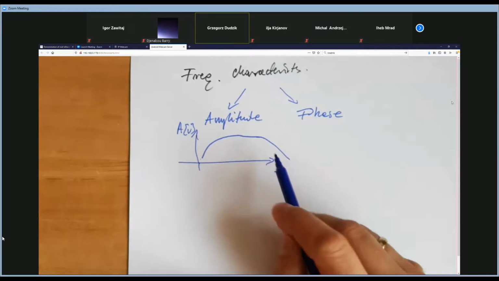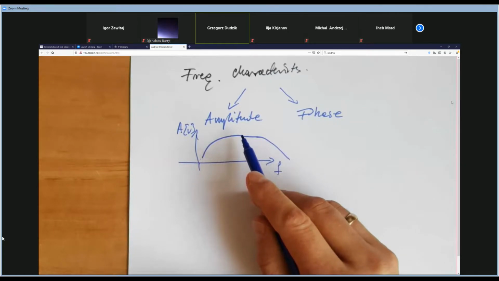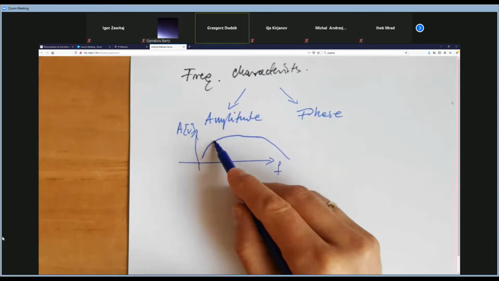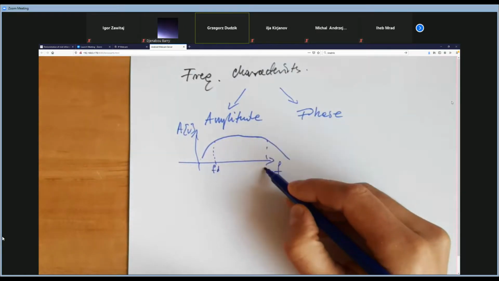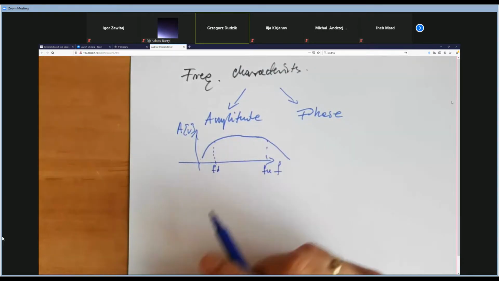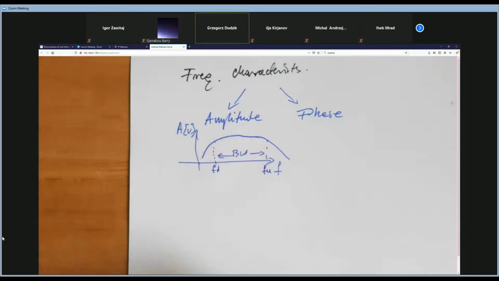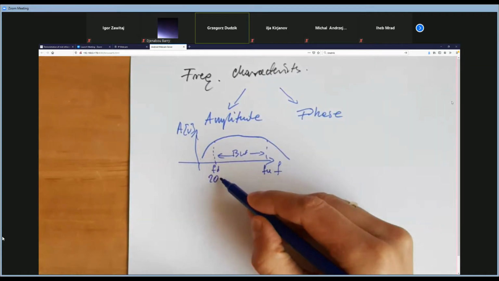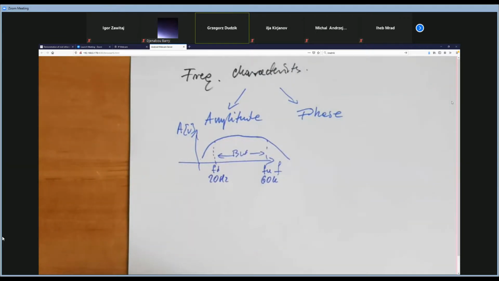It looks like an audio amplifier characteristic. For example, here we've got the down and up frequency corners. And this is the bandwidth of our amplifier, for example, an audio amplifier. And this is, for example, 20 hertz to, for example, 60 kilohertz.